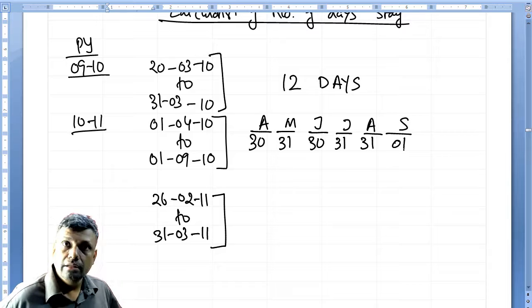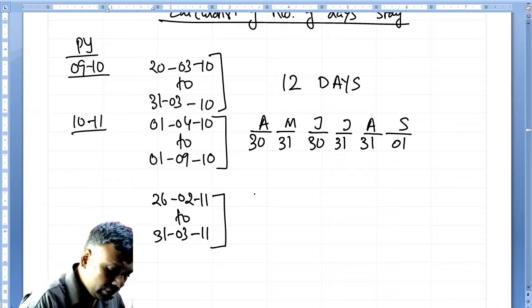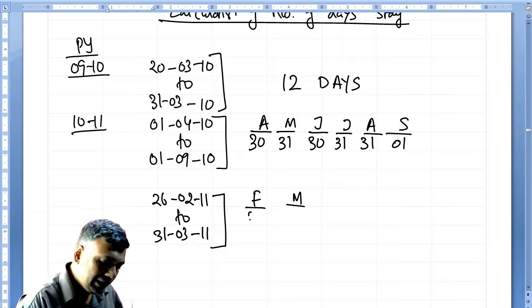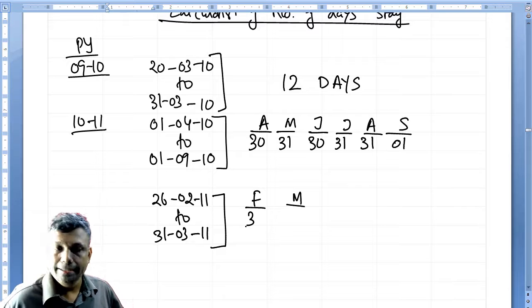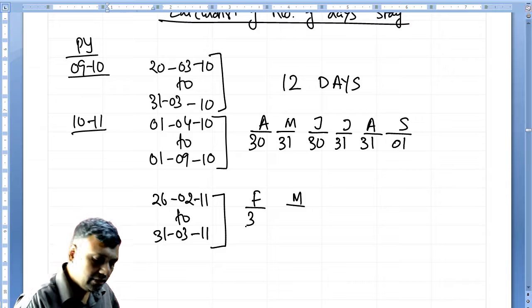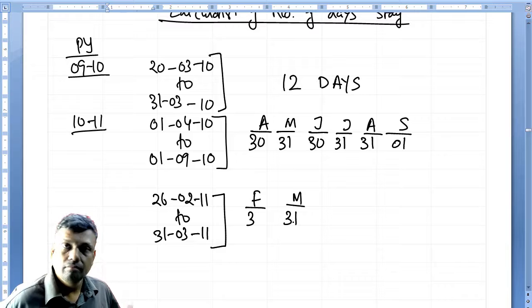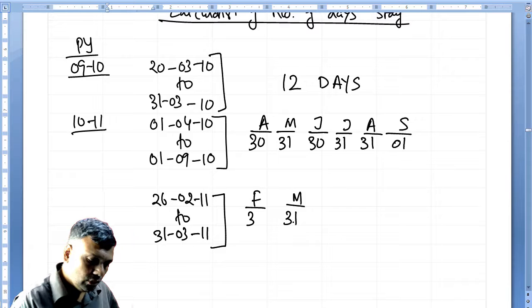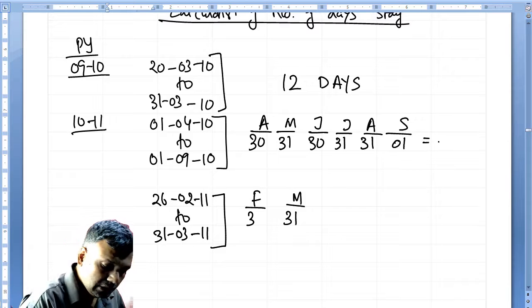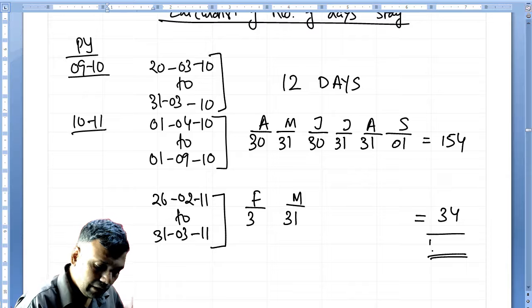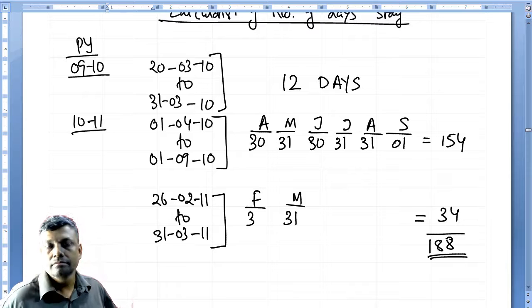And then is coming back somewhere in February. So you have February and you have March. February is 3 days, 26, 27 and 28. And March is 31 days. Okay, so take the total. This is 154 days and this is 34 days. Total is 188 days.